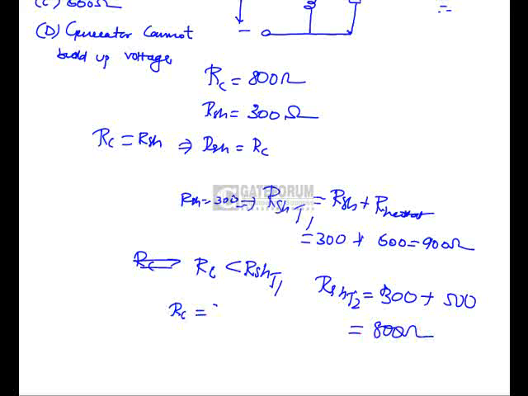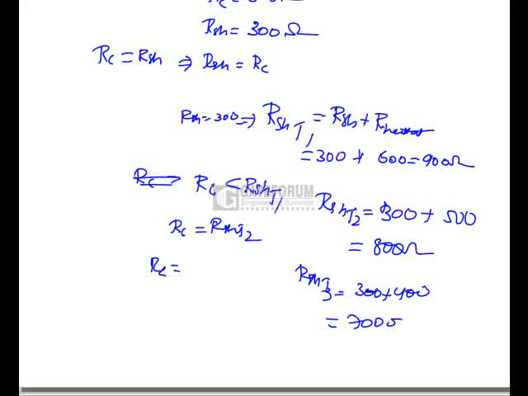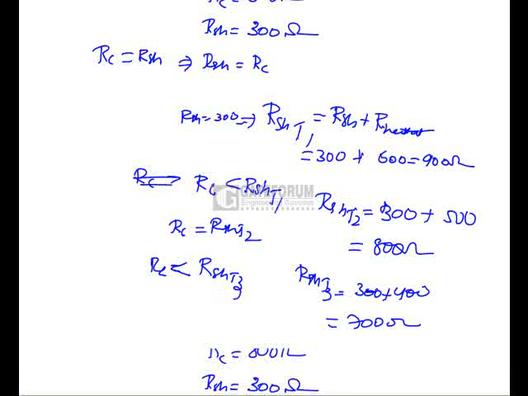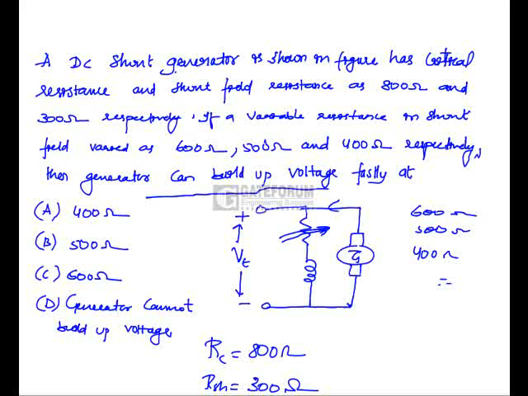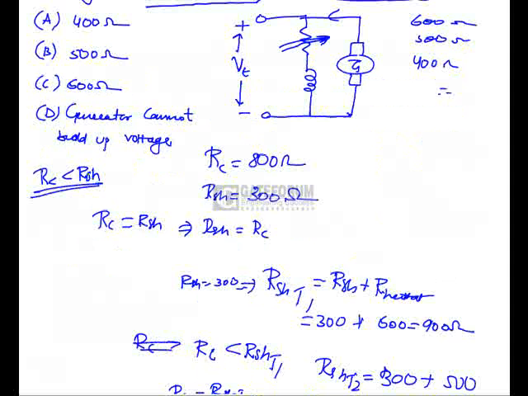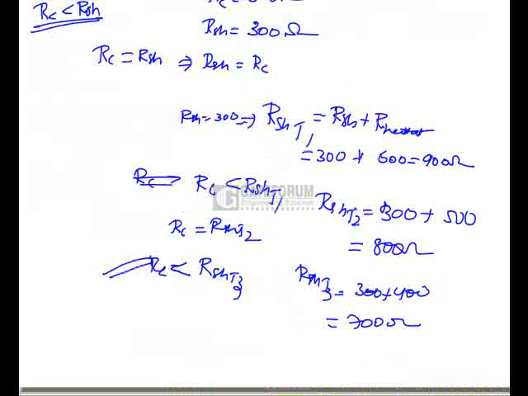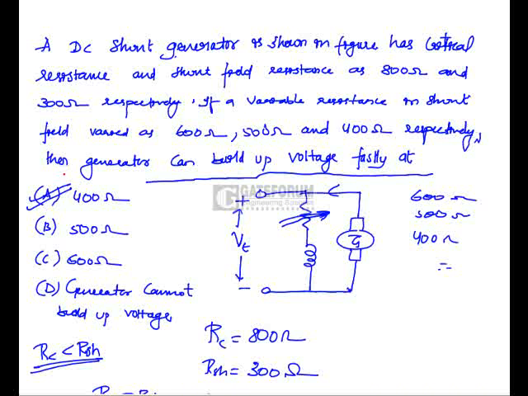So I can write RC is equal to RSH T2. Now what about the third one? RSH T3 is equal to 300 plus 400, this is equal to 700 ohms. That means critical resistance is less than the total shunt field resistance at position 3. So the generator will build up voltage fastly at. When critical resistance is less than shunt field resistance, voltage will build up fastly. So the answer is position 3, that is option A, 400 ohms.